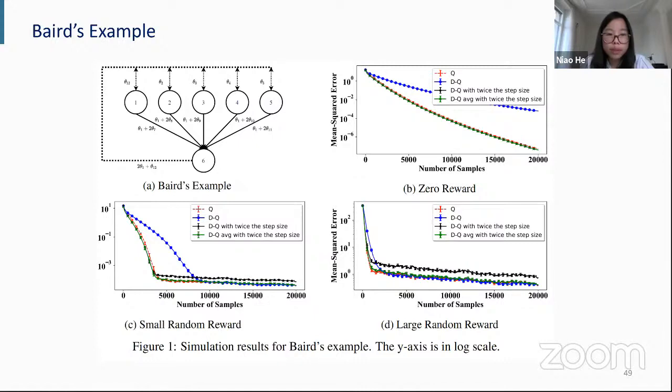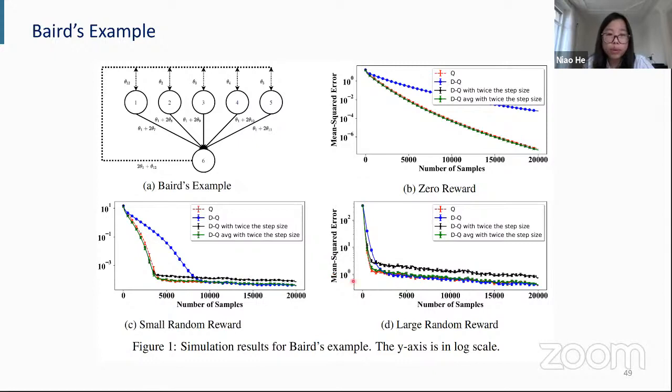Right, you can see it here. There's a larger asymptotic variance. But if you look at the double Q-learning algorithm with the average estimator, the average estimator actually has the same variance as Q-learning, as we predicted in the theory, which is what you observe in all of these experiments.